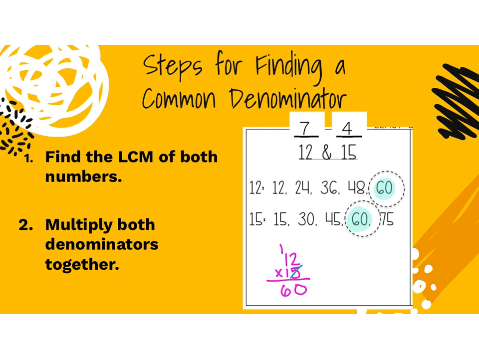I'm going to cross off the 5 and the 1 that I carried, and we can multiply by our second number. Add the placeholder of 0. 1 times 2 is 2, and 1 times 1 is 1. If I add both of these together, we get 180. So 180 would also be a common denominator of both 12 and 15.